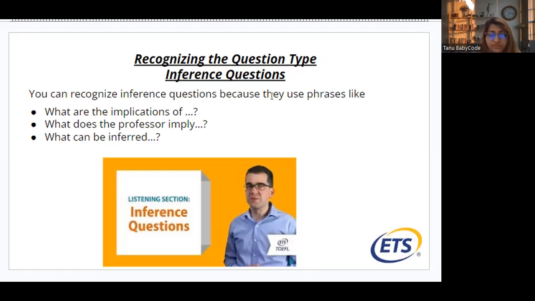Make sure you understand these three phrases, and remember that if they are used, it means they are talking about an inference question, and it's easier for you to recognize this type of question.